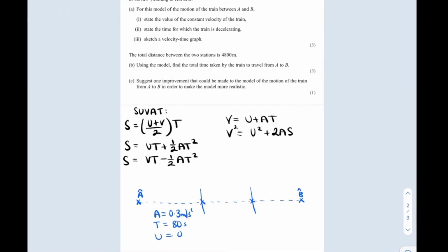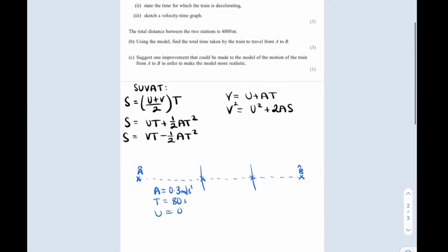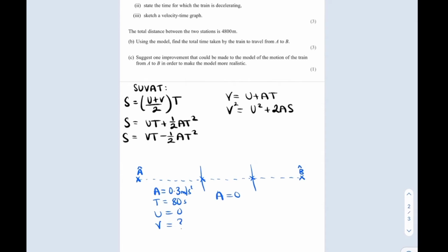Okay. So in the second section, the train moves with constant velocity. That's the only bit of information we're told for that one. So we know that a is 0 for that bit. And that constant velocity is going to be the same as the v in this first section. And what about the last section?